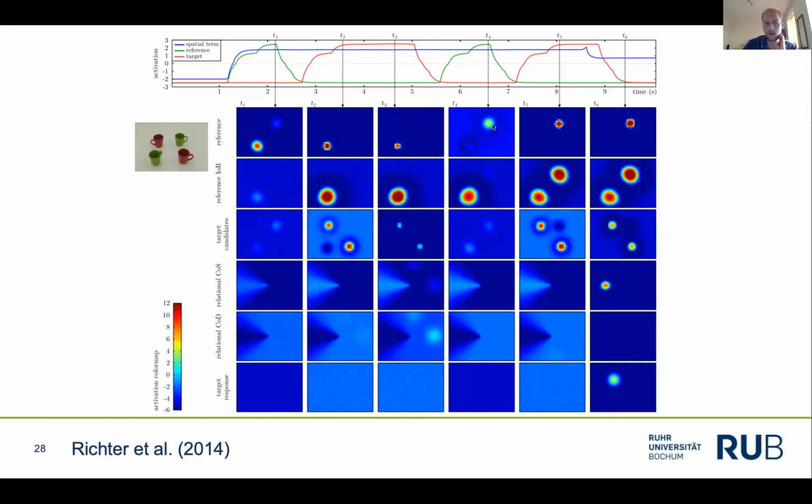And this generalizes to an arbitrary number of objects. The inhibition of return field just over time collects the locations of all the objects that have been tried before. So this works for an arbitrary number of objects, essentially.